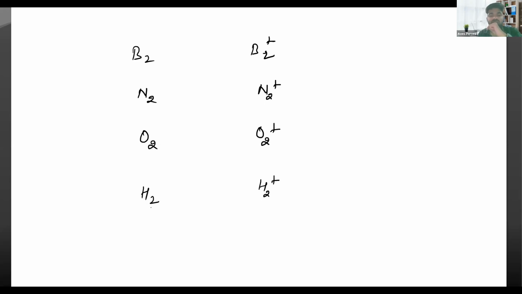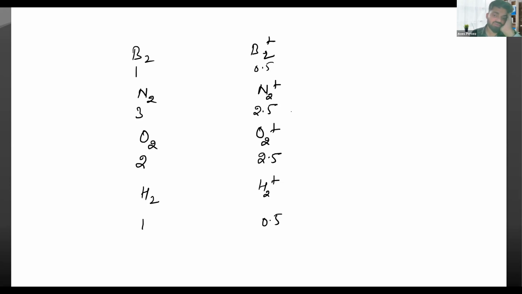So its bond order will change from 1 to 0.5. Here the bond order will change from 3 to 2.5. And here from 1 to 0.5, but in case of oxygen, its bond order will change from 2 to 2.5. Got it?